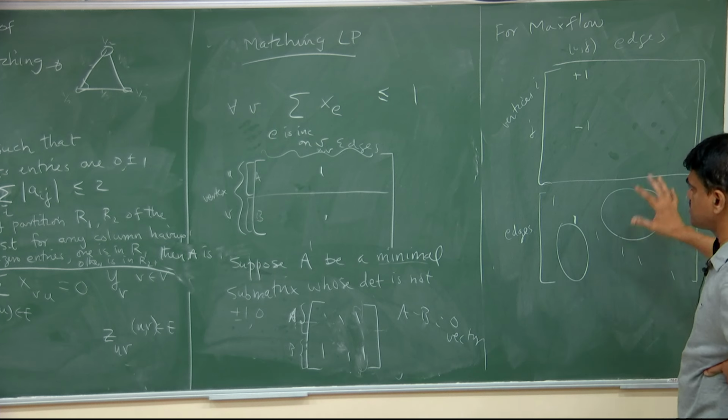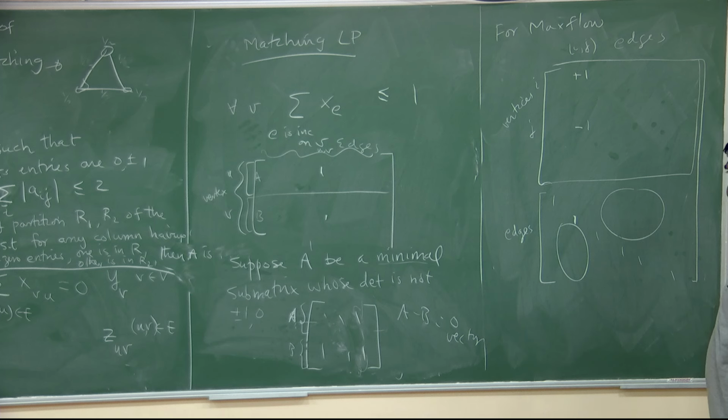If I include this, what happens? Is that easy to see? Yeah, so if you have a bunch of rows, if it does not include any of these rows, no problem.